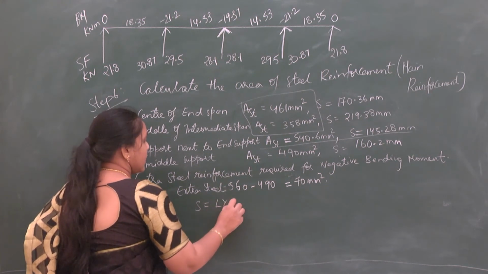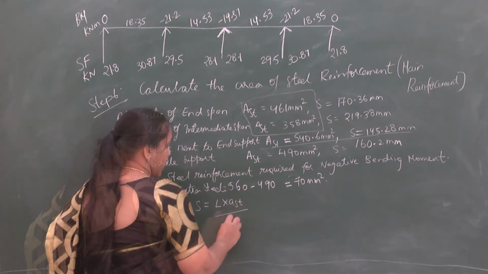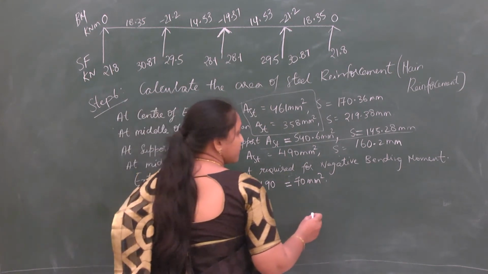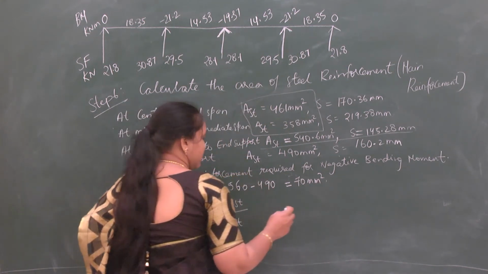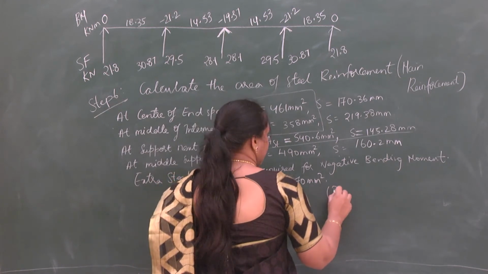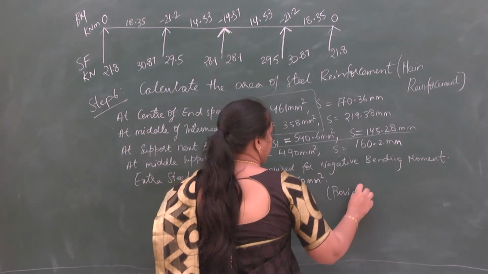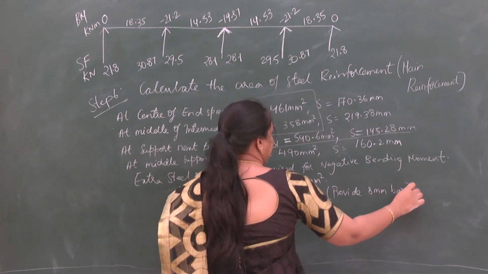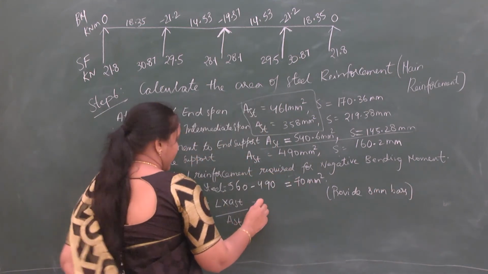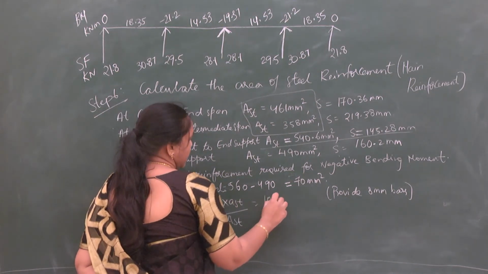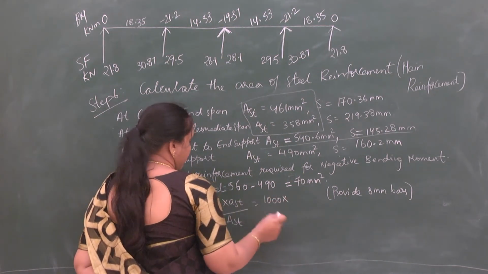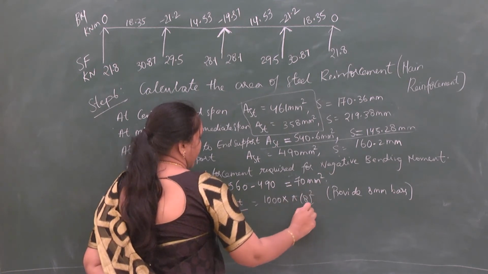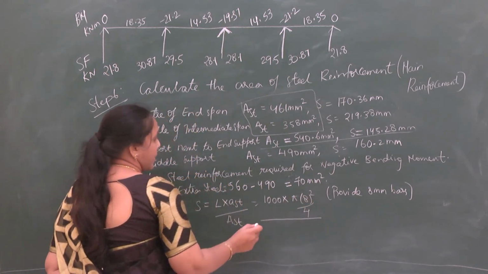So let us calculate the spacing. S is equal to L into small ast divided by capital AST. Here let us provide 8 mm bars. If we provide 8 mm bars, L is 1000 into small ast, which is pi into 8 whole square divided by 4, whole divided by capital AST.